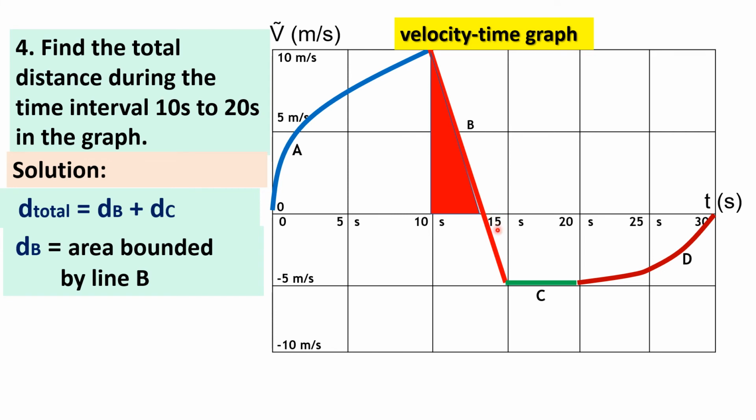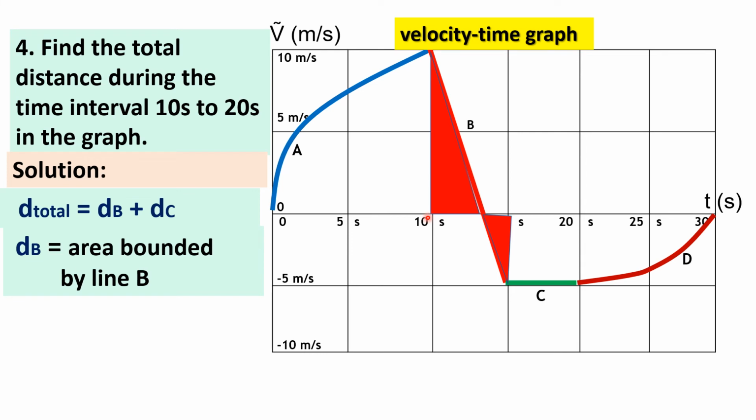That area which we're also going to shade, again, appears to be a right triangle. So if you determine the two areas of the two triangles, that would represent the distance traveled by the body during the time interval 10 seconds to 15 seconds.